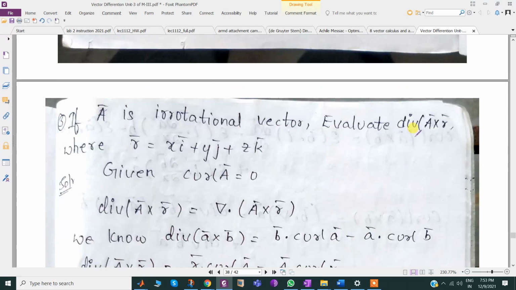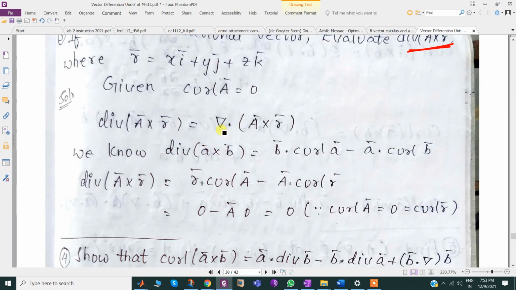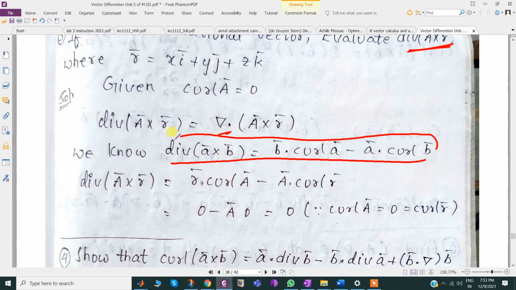Similarly, div of a bar cross r bar, also the same logic. Irrotational, evaluate div a bar cross r bar. Div means del dot. We know div a bar cross b bar equals b bar dot curl a bar minus a bar dot curl b bar.